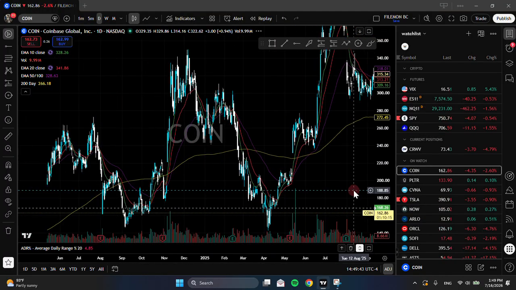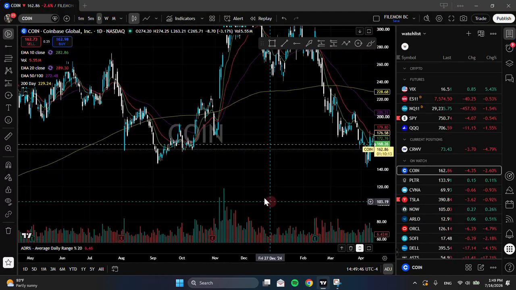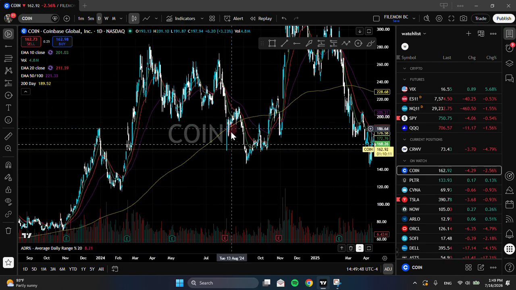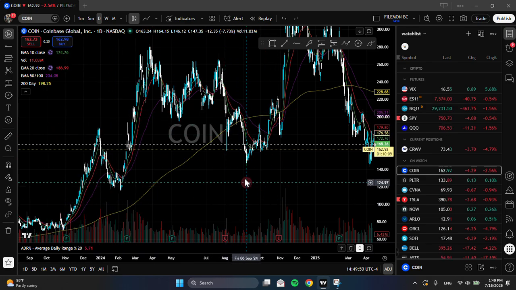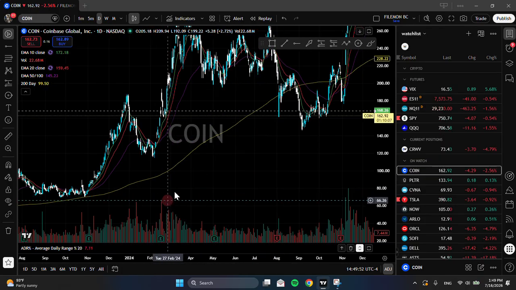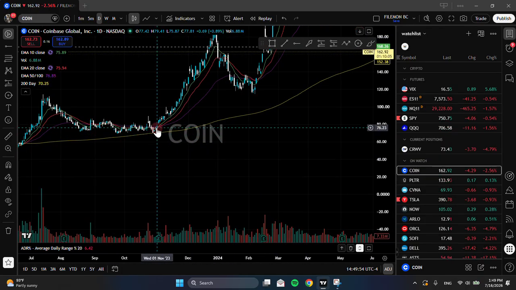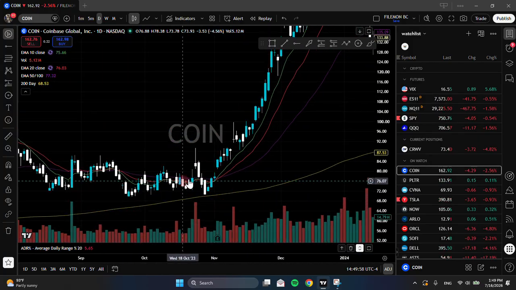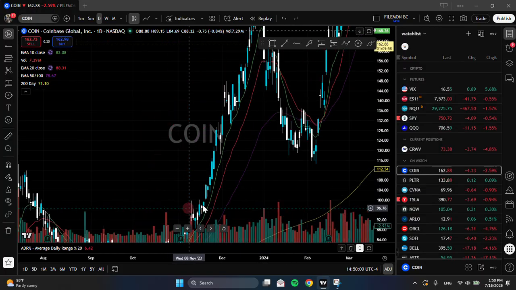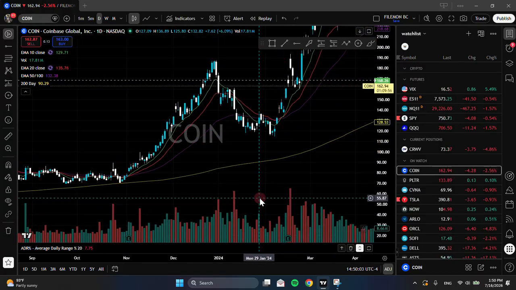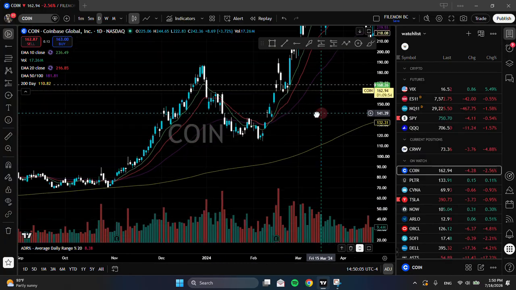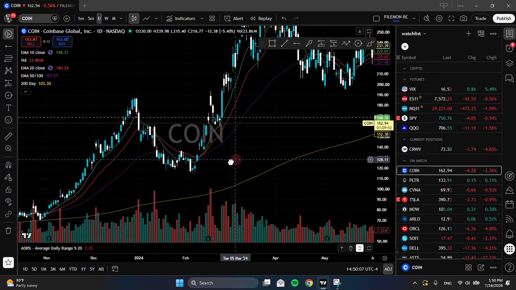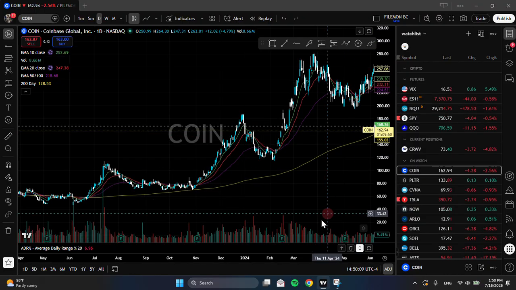It can hit the 200 sometimes. You can hit the 200 like this and then just continue to bounce. Hit the 200 right here. Just a better picture: it hit the 200 and then bounced. The EMAs are just where price targets and bounces or rejects from, and they also help you identify the trend.